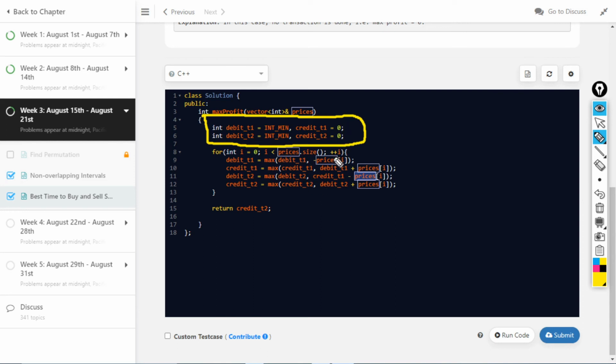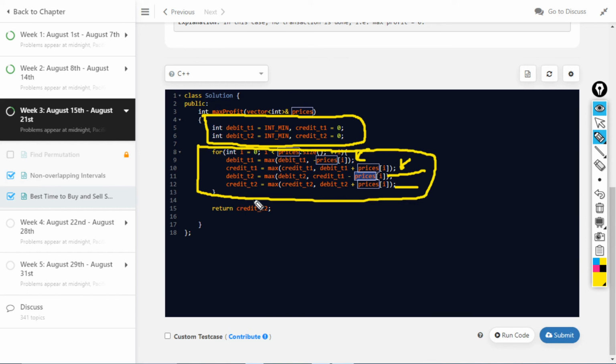Then I have iterated over all the prices and tried to find the values. As I have shown, I used the first formula, second formula, third formula, and fourth formula, and calculated it easily. At the end our answer will be stored in credit 2, which I will return. So this is the simple solution, but not that hard.